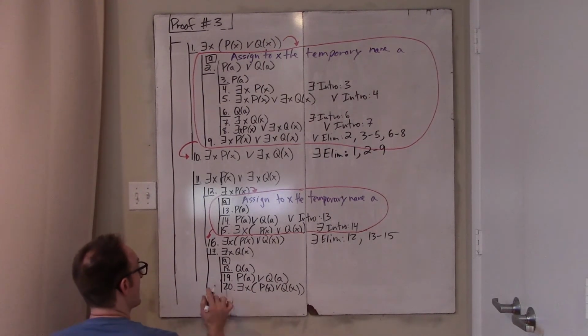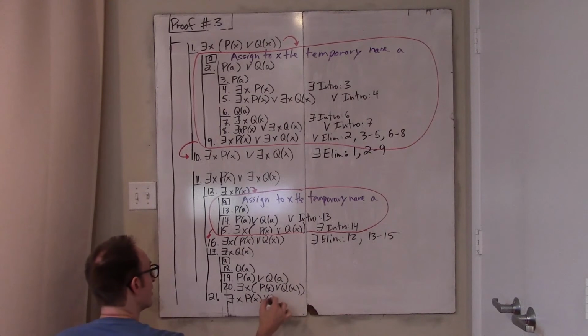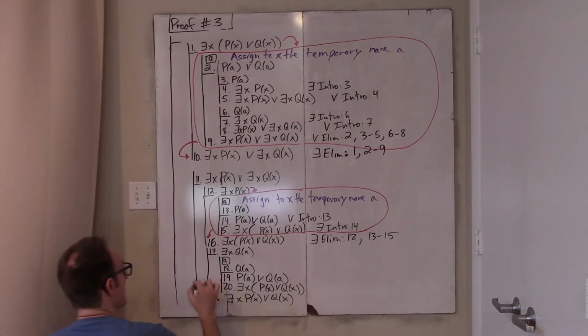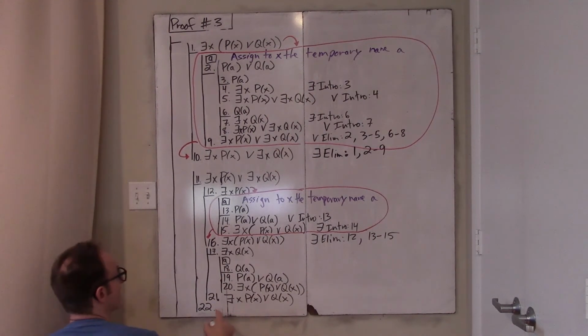Then I will indent out, so to speak, P of x or Q of x. And then down here, okay, I just ran out before the end, but I don't care.